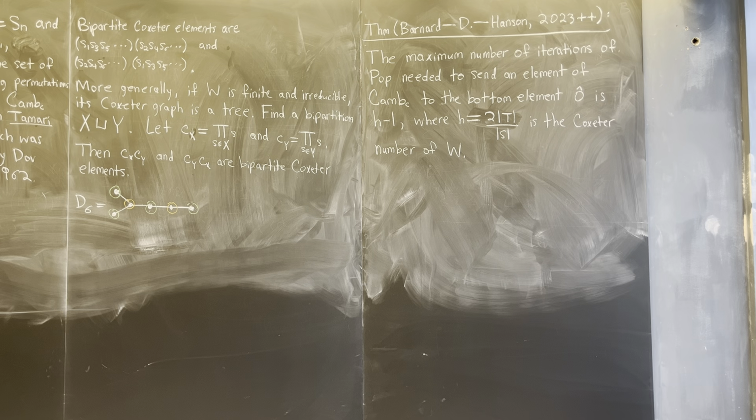So in other words, they're the elements such that if I start at that element and I apply pop iteratively t times, then I get to the bottom.